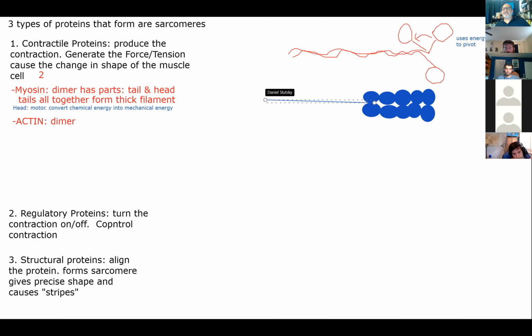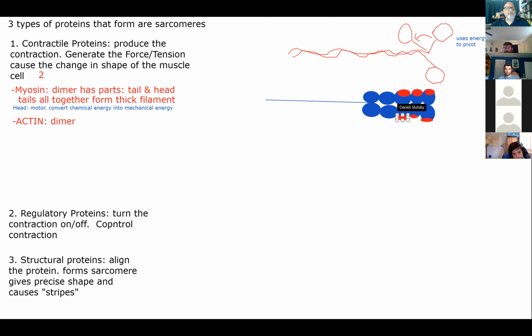And these actin dimers have some handholds on it. And those handholds allow the myosin to grab and pull. Just like a ladder. A ladder has handholds on it where you can grab and you can pull, and as you grab and pull, you would go up the ladder.